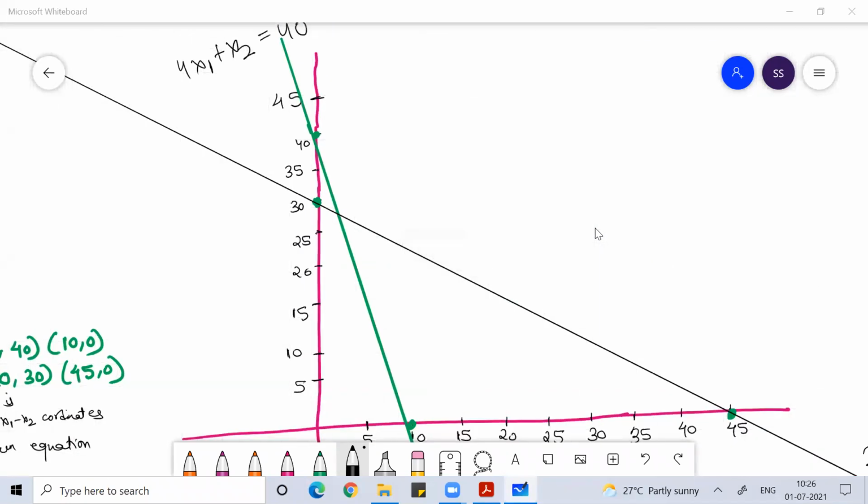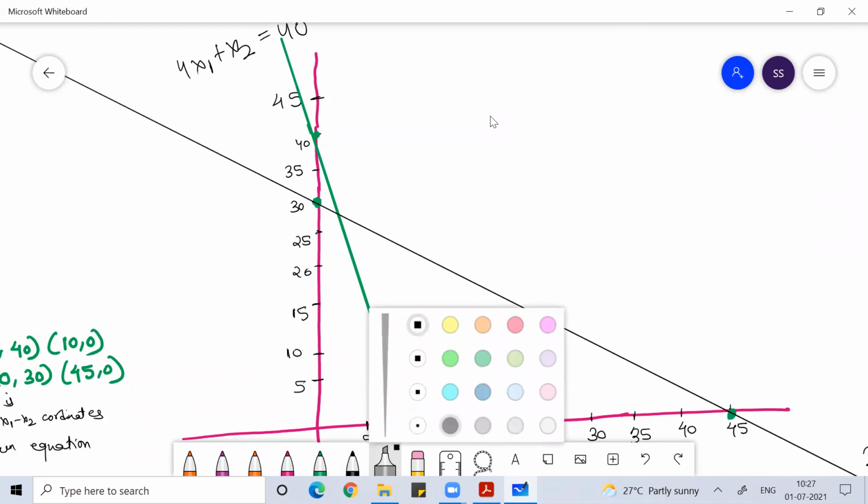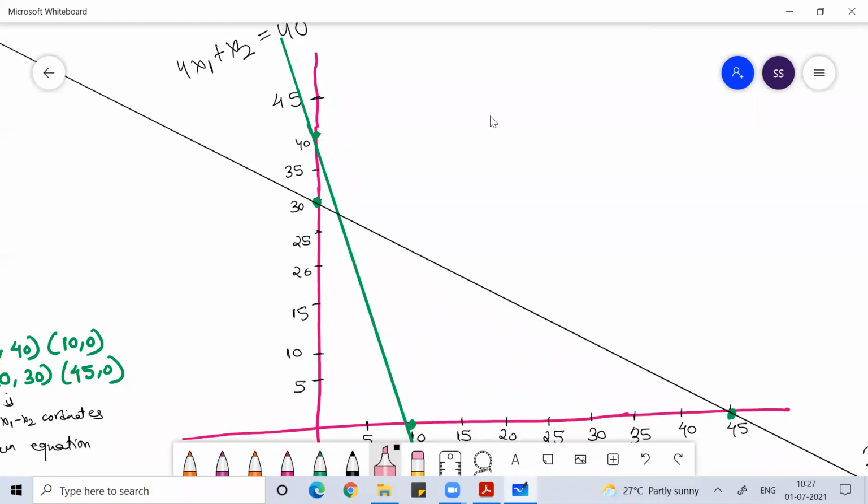Suppose the area corresponding to the first graph, the first line, is having less than or equal to sign, guys. So less than or equal to sign means what is that area, guys? This will be the area.